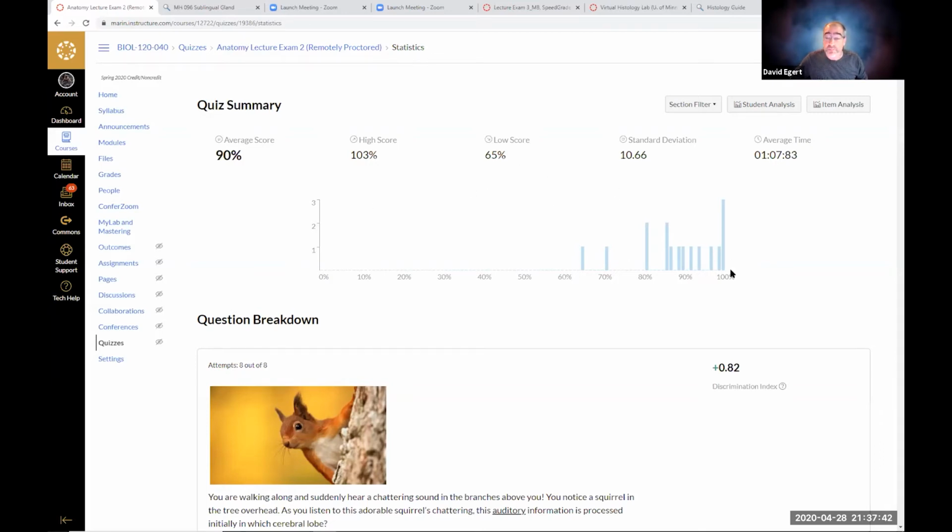In general, people rocked on this thing. Most people got A's and B's, with one down here in the 70% range and one below. So if you're down in this region, you definitely want to think about your approach.